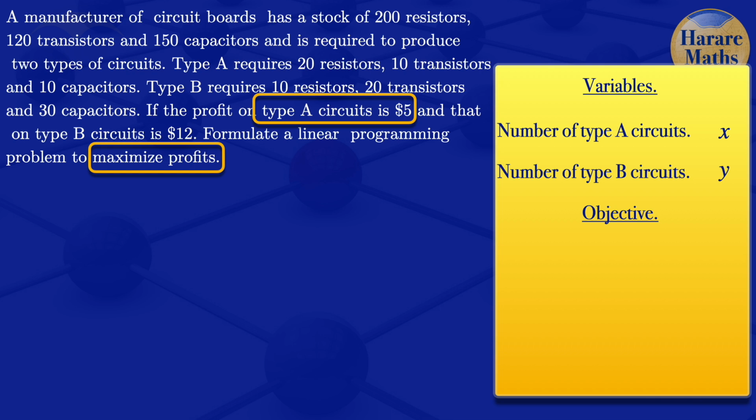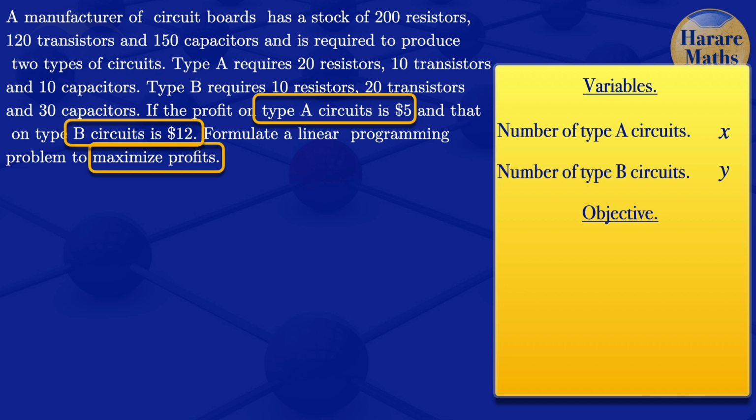And if we are making $12 profit on type B circuits and we are making Y of them, the profit there will be 12 times Y, because we are making $12 for each type B circuit.